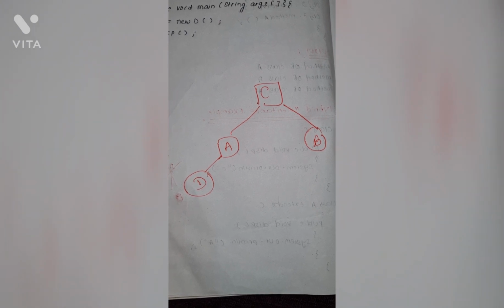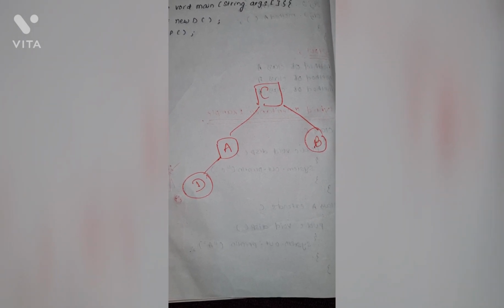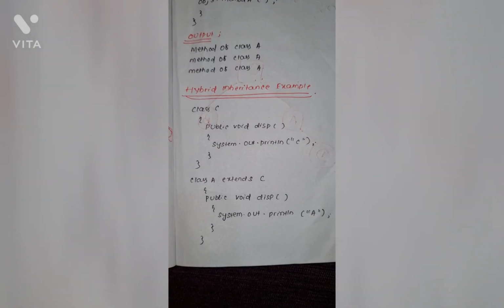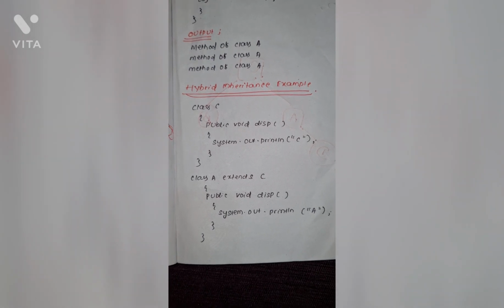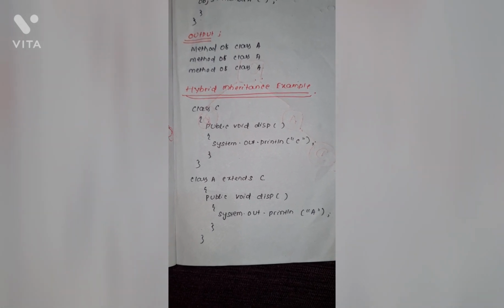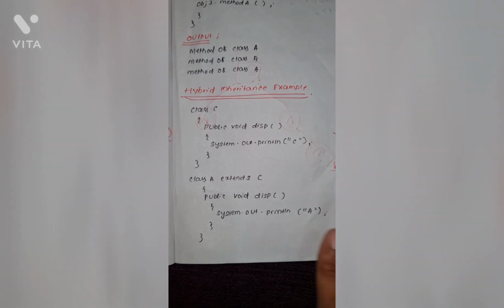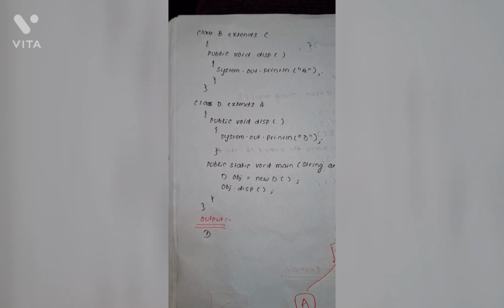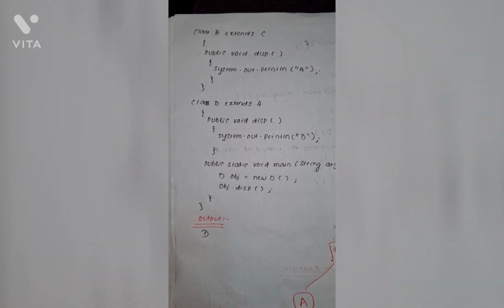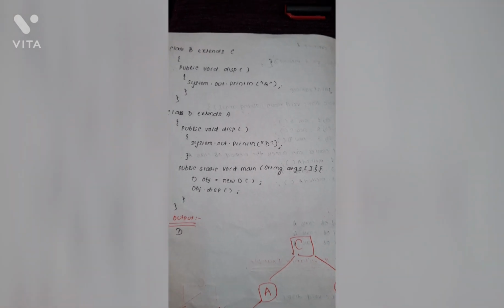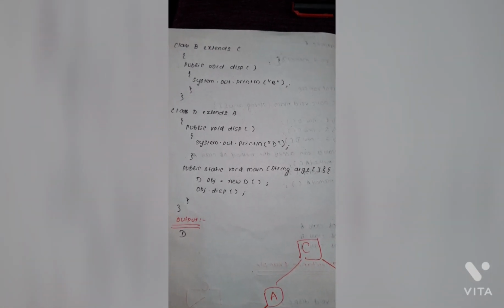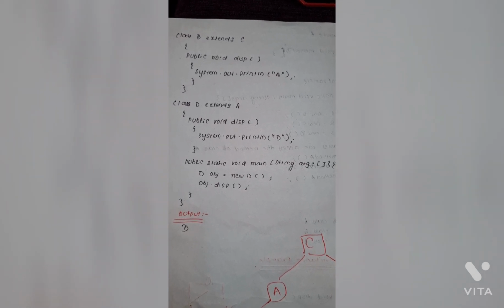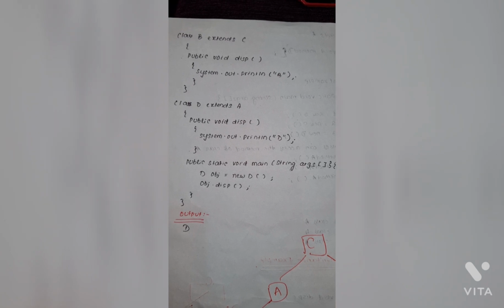Here class A and B have been inherited from C, and class D is inherited from A. You can see I have described the class C. Then class A has been extended from C, that's why class A extends C. Then class B extends C, and at last class D also extends A. You can clearly see all of those objects call only the display function, and we get the output as D because I have put the display function in the D class.